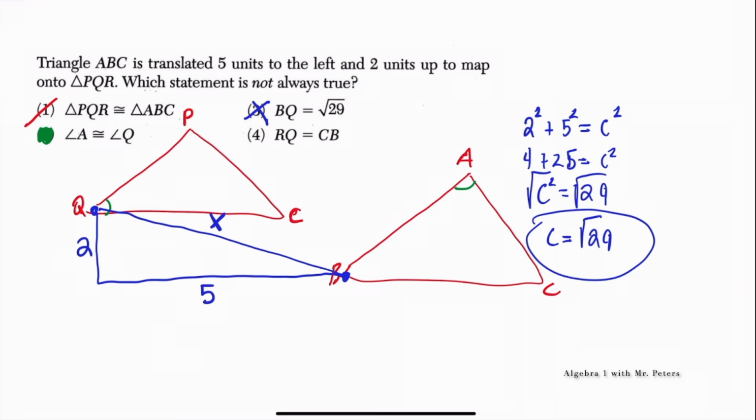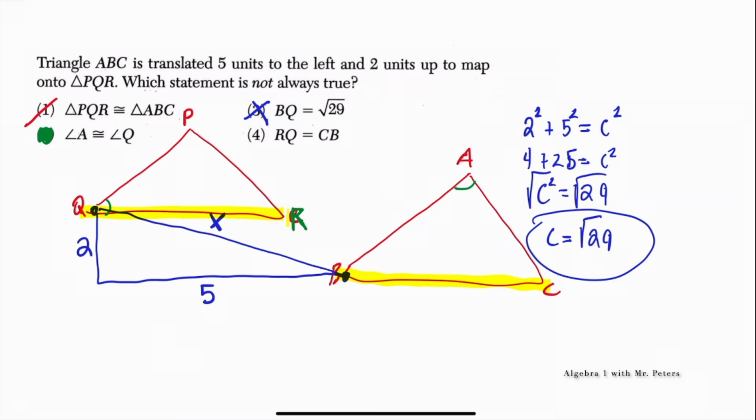Now, we're talking about RQ and CB, all right? They said they're equal. So let's look at it. We have CB here, and then I don't know why I put an R. I'm sorry, family. This should be R. That was a mistake. All right.